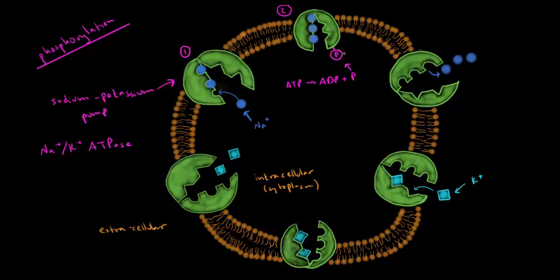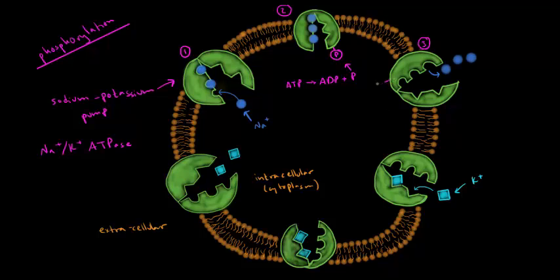And that is phosphorylation. And so when this protein gets phosphorylated, when the phosphate group is attached to it, it causes some sort of change in the conformation of the protein. And that change in conformation causes the protein to turn itself around by 180 degrees and face the outside of the cell. And that's what you're looking at right over here.